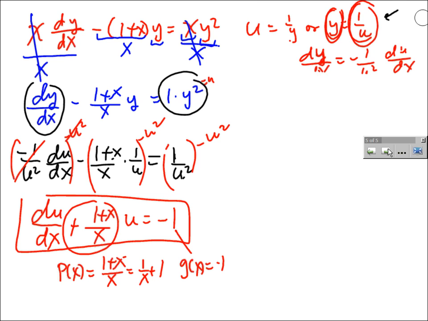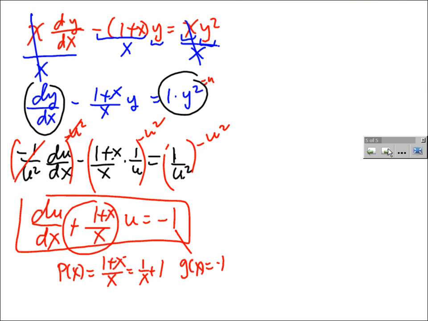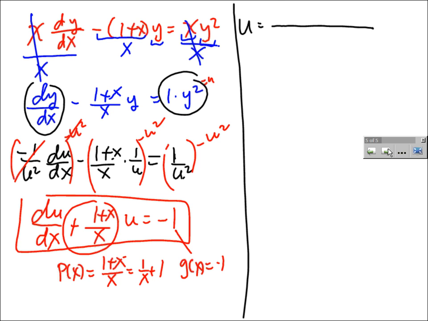Now we'll try very hard to get the rest in here. So u is the integral of g of x times e to the integral of p of x dx over e to the integral p of x dx.